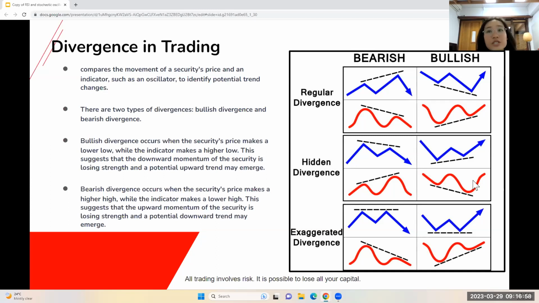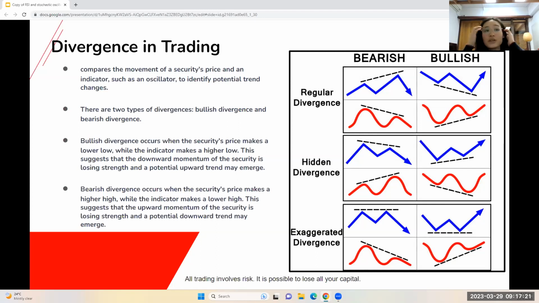Okay, so divergence in trading is a concept that compares the movement of a security's price and an indicator such as an oscillator to identify potential trend changes. There are two main types of divergences. We have the bullish divergence as well as the bearish divergence.